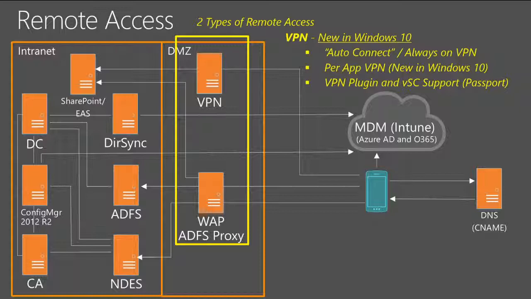The other thing is auto-connect and always-on VPN. You define certain criteria, for example: if you are on my Wi-Fi network, always kick off the VPN connection, but if it is a hotspot, then don't use the VPN connection. That's what you can configure with always-on VPN. Per-app VPN is new in Windows 10 as well.